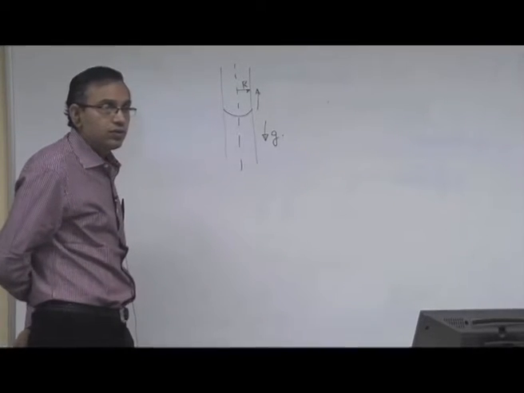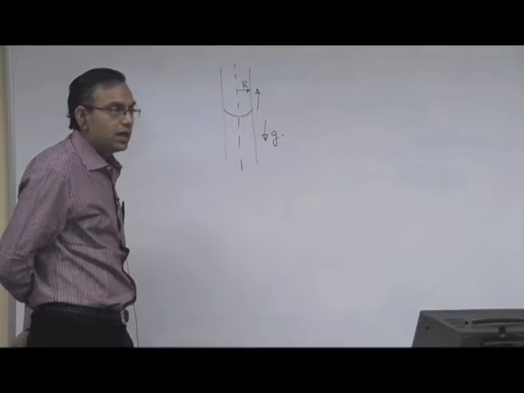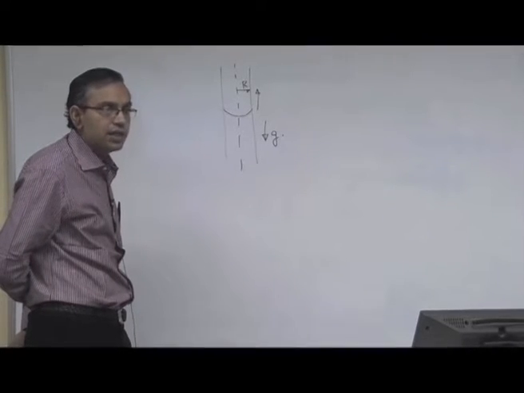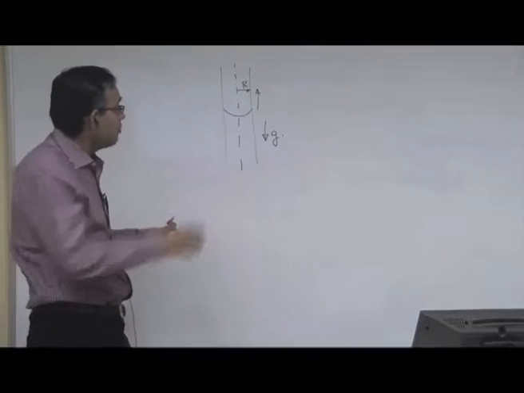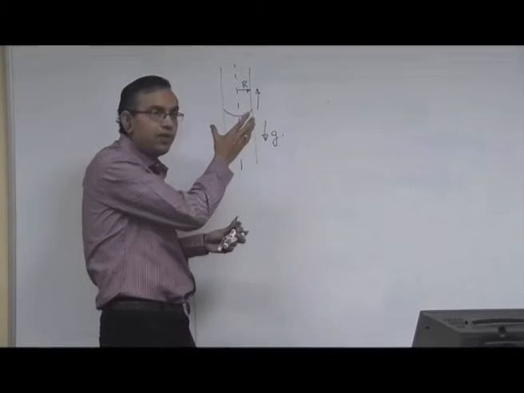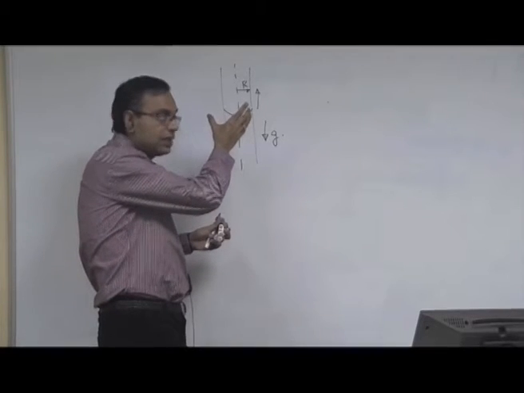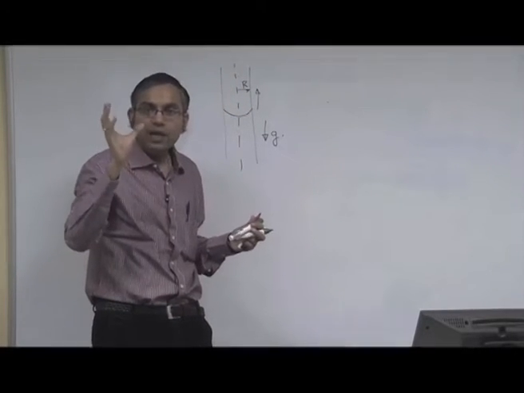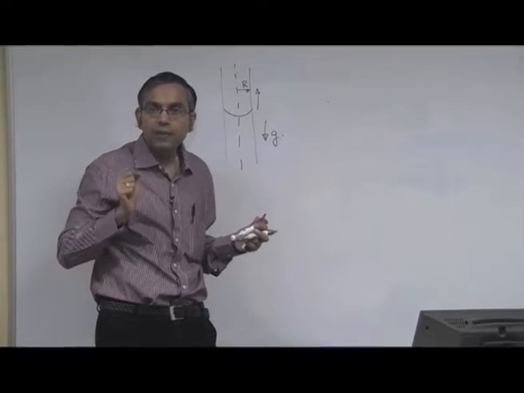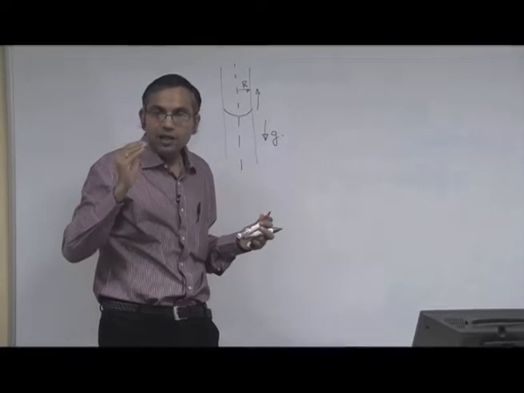Now, if inertial forces are not present, then what are the other forces which are present? The difference between the previous case and this case is that the capillary is moving. Why is the consideration of a moving capillary important?